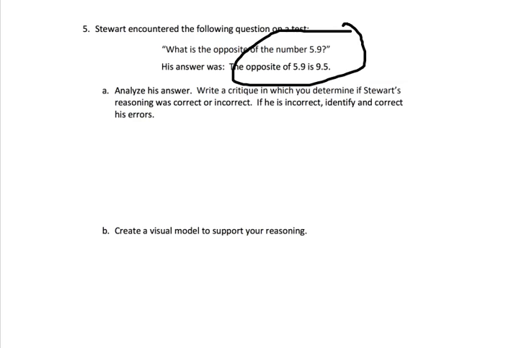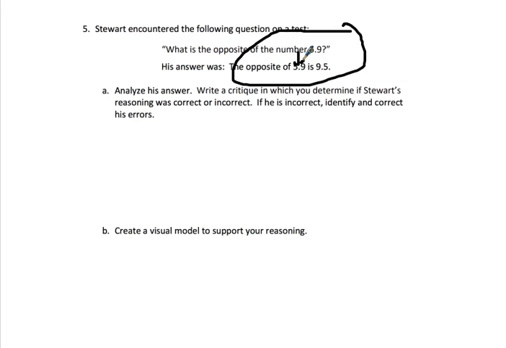Okay? So let's check and analyze his answer first. He said the opposite of 5 9/10 is 9 5/10. So his reasoning is incorrect because the problem asks for the opposite of 5 9/10, which is a negative number.